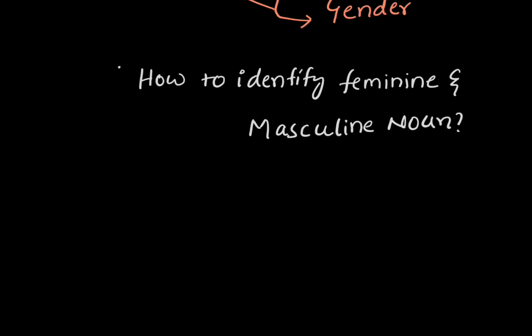First, we will learn about feminine nouns. Feminine nouns can be identified in three ways. There are total four ways of identifying feminine nouns.